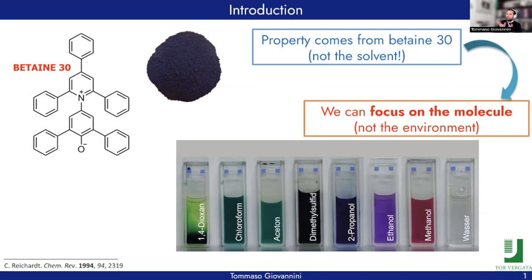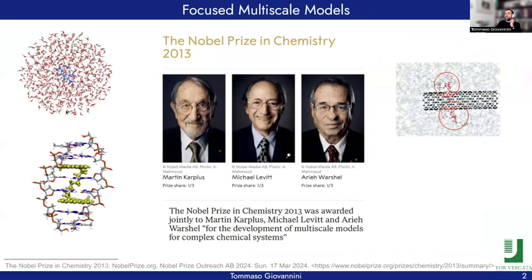Of course, it affects it, so it perturbs the property, the electronic structure, but we can focus our attention on the molecule. And this idea is actually the idea behind the development of multiscale models, for which Karplus, Levitt, and Warshel won the Nobel Prize in 2013, and can be applied to a very large variety of systems. And it's not only focused on chemical, physical systems, but also to surfaces, composite materials, and so on.